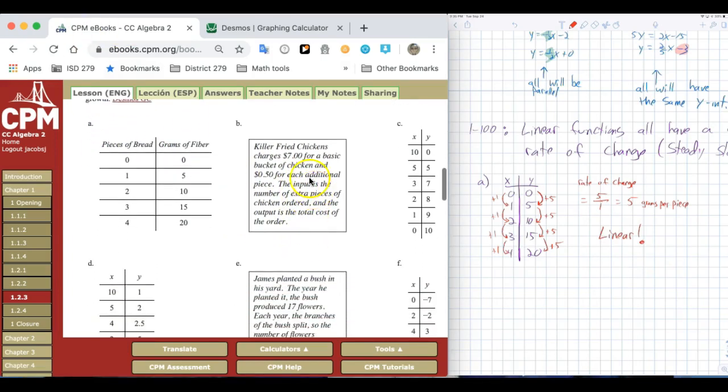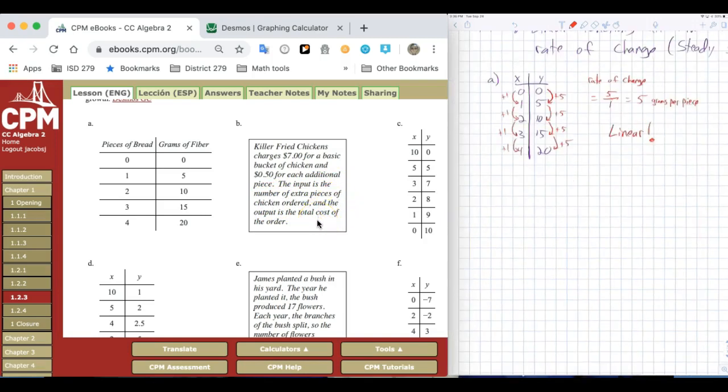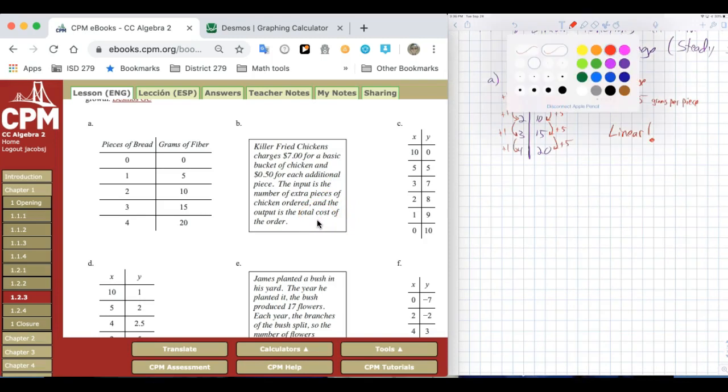Part B, Killer Fried Chicken, probably abbreviated KFC. Killer Fried Chickens charges $7 for a basic bucket of chicken and 50 cents for each additional piece. The input is the number of extra pieces ordered, and the output is the total cost. Well, let's make a t-table here.